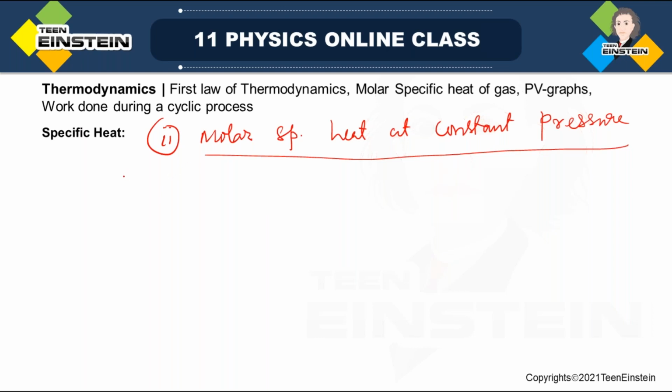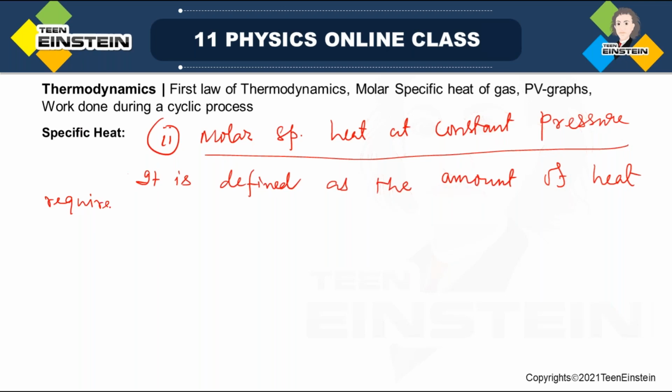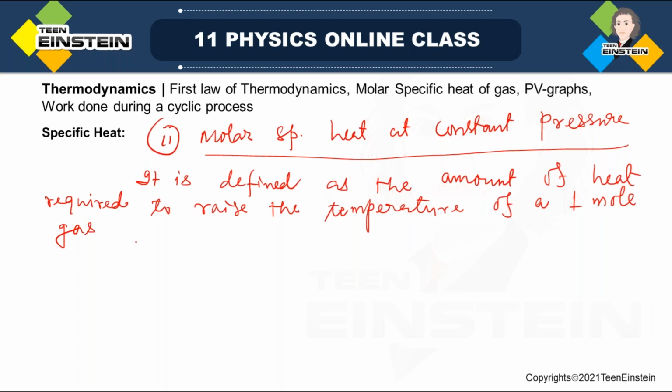Molar heat at constant pressure is defined as the amount of heat required to raise the temperature of 1 mole of gas through 1 degree centigrade at constant pressure.